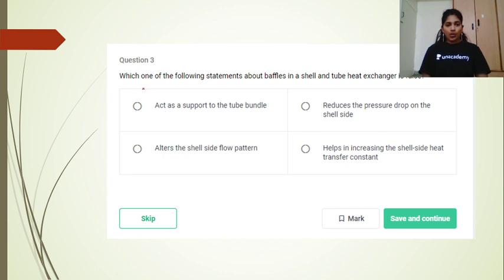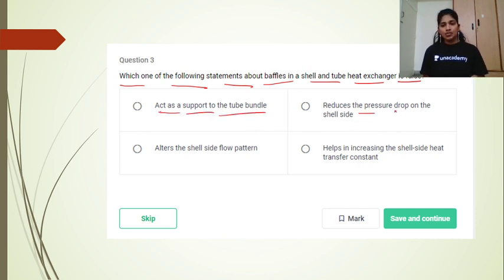So in this question, what we have: which one of the following statements about baffles in a shell and tube heat exchanger is false? Okay, so let us go through the options. First option: baffles act as a support to the tube bundles. Second: baffles reduce the pressure drop on the shell side.